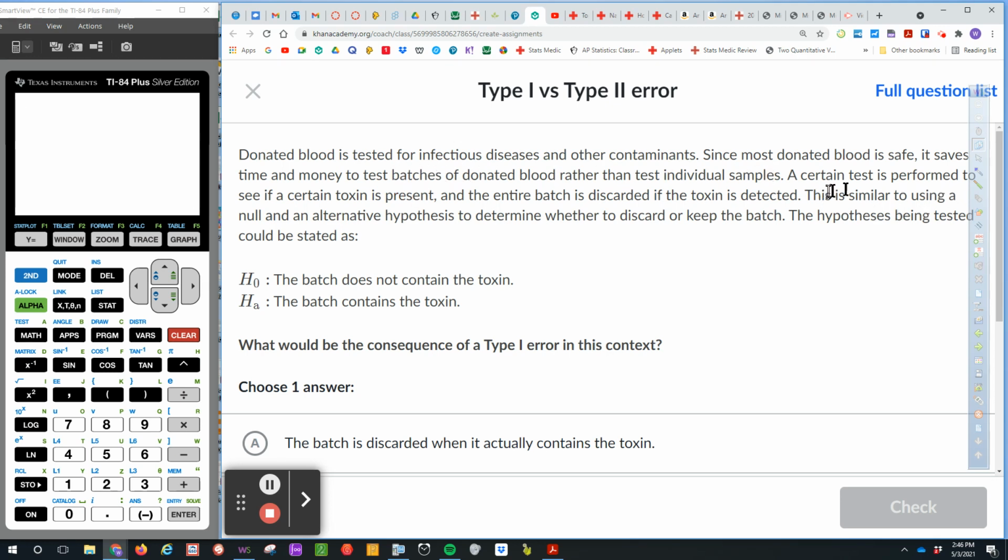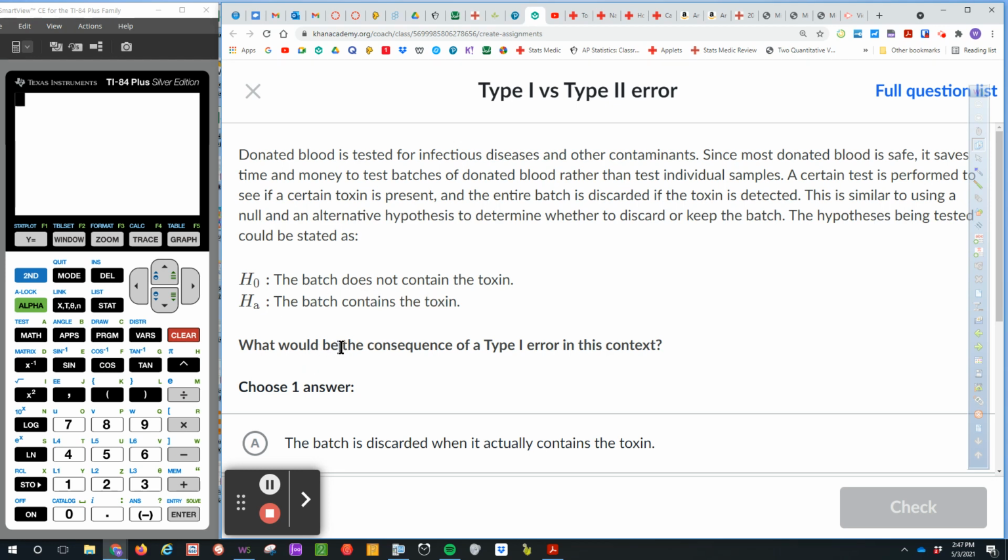A certain test is performed to see if a certain toxin is present, and the entire batch is discarded if the toxin is detected. This is similar to using a null and an alternative hypothesis to determine whether to discard or keep the batch. The null hypothesis is that the batch does not contain the toxin, so the batch is safe. The alternate hypothesis is that the batch contains the toxin.